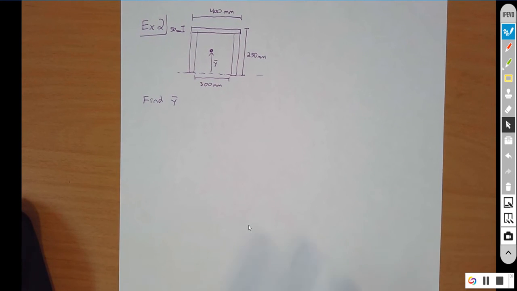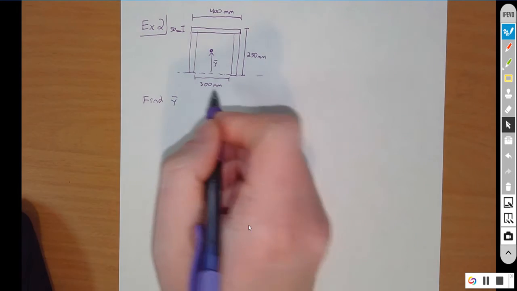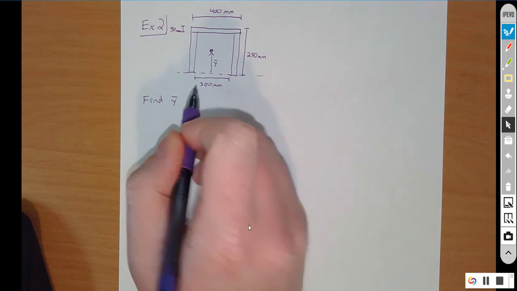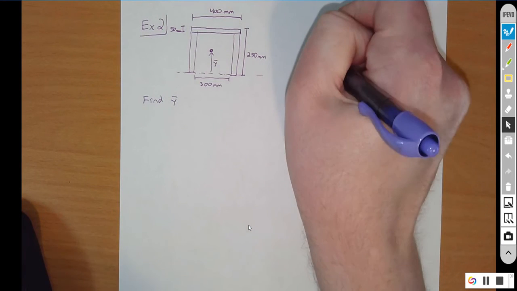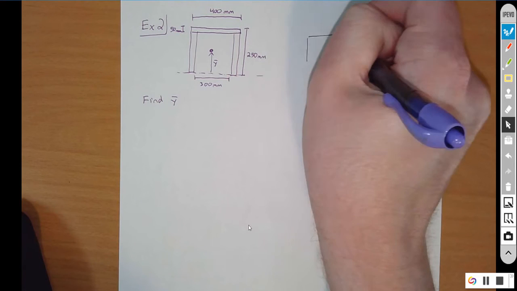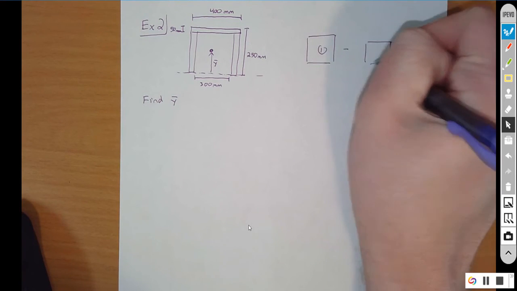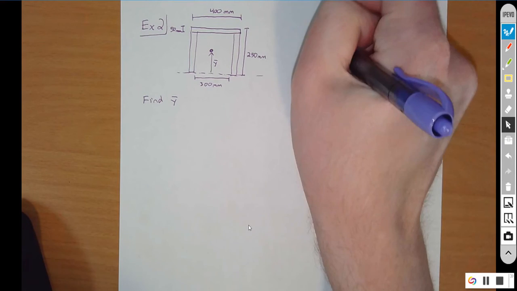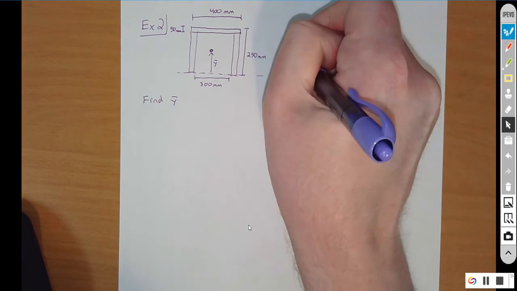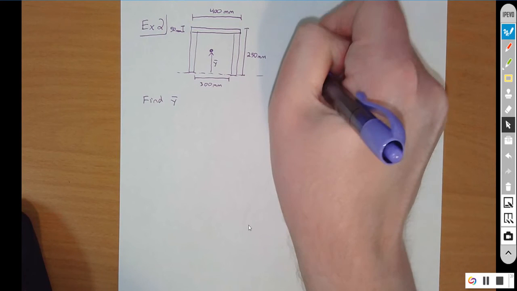Alright, so we've redrawn the problem here, and I've updated the dimensions to be a little more user-friendly. My strategy, and it's good if you draw this out, is going to be segment 1 minus segment 2. Segment 1 is 400 by 250.